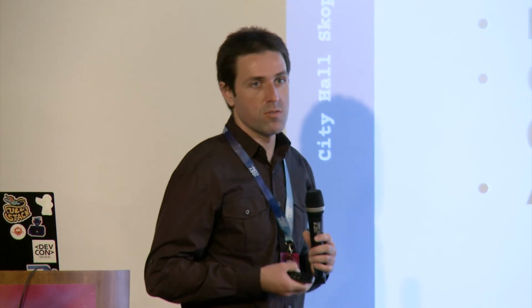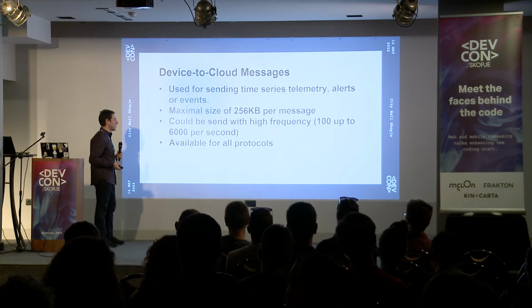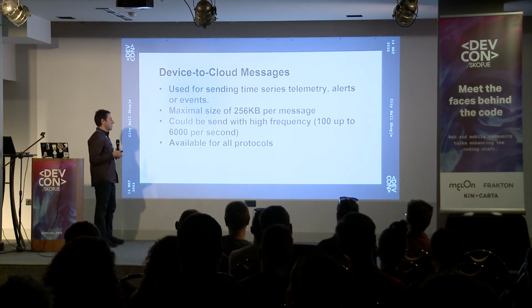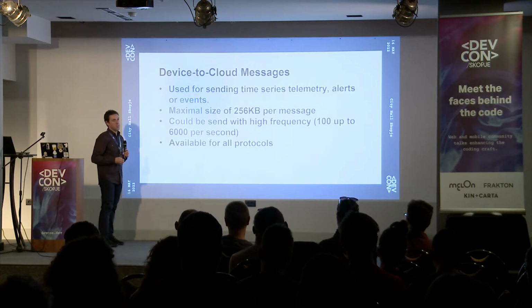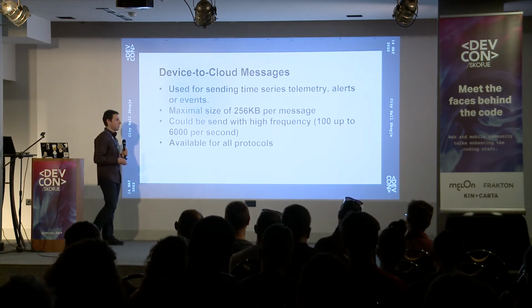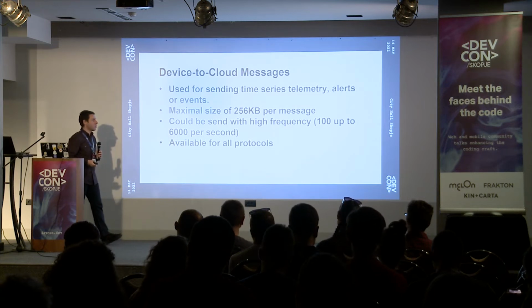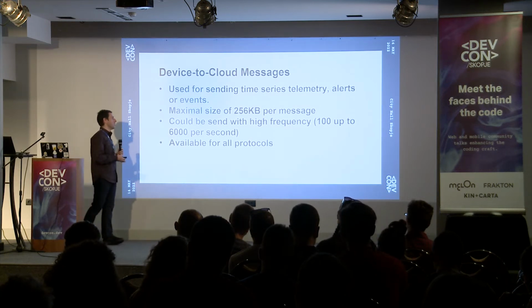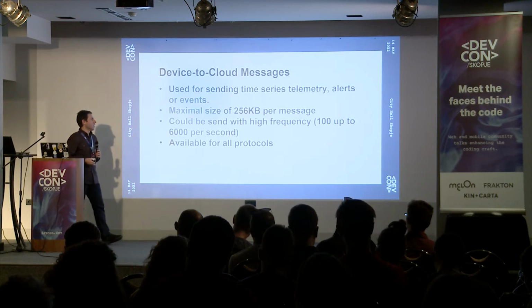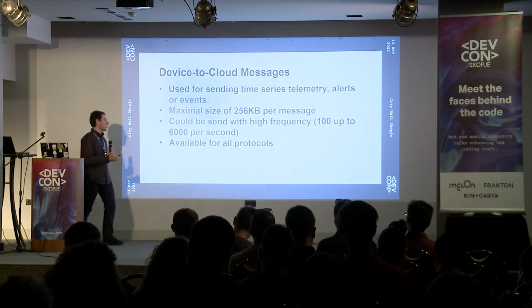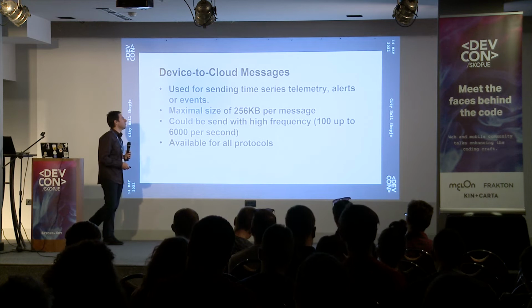We can even sometimes send logs of the application that is running, to inform the cloud that something bad happened. The frequency depends on the subscription on the Azure services. Based on what type of subscription we have, it could range from 100 to 6,000 messages per second, and all protocols are available for this feature.